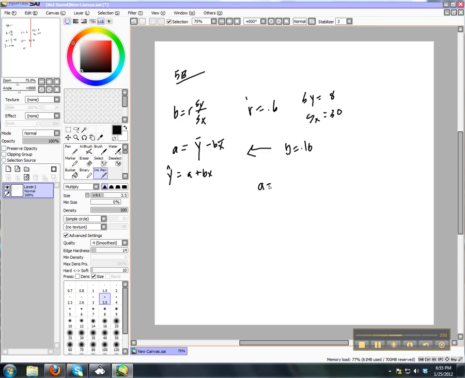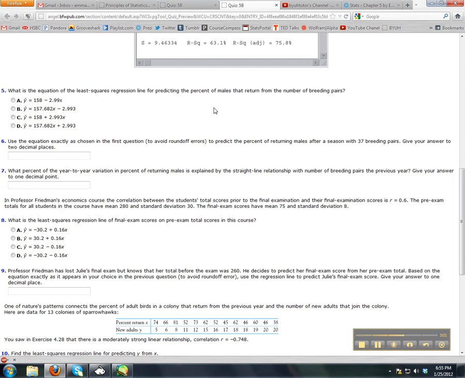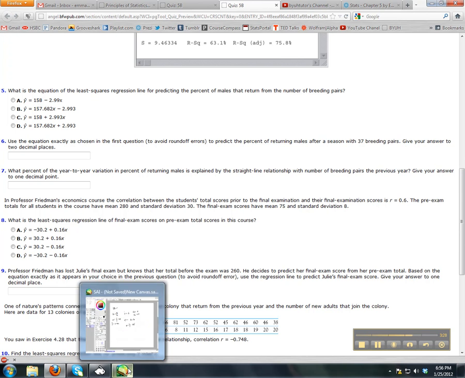Now let's plug that into our formula for A. A is equal to y bar minus 0.16 times x bar. Now what is y bar and what is x bar? Let's go back to the question. Remember that the pre-exam scores mean is 280, and the final is 75. The final is the response, so 75 should be y bar, and 280 is our x bar.